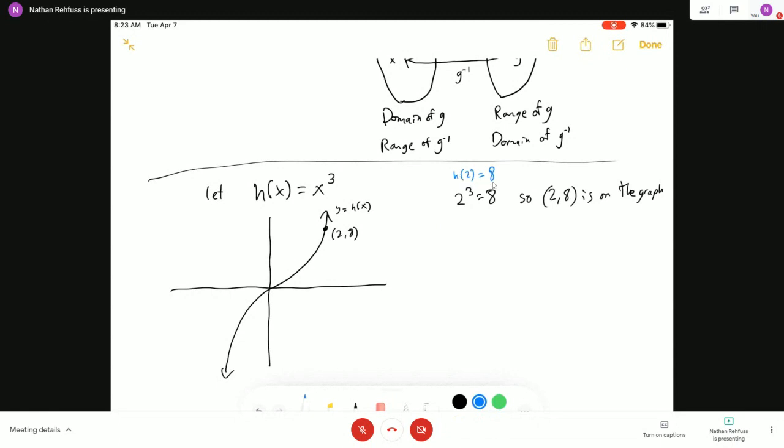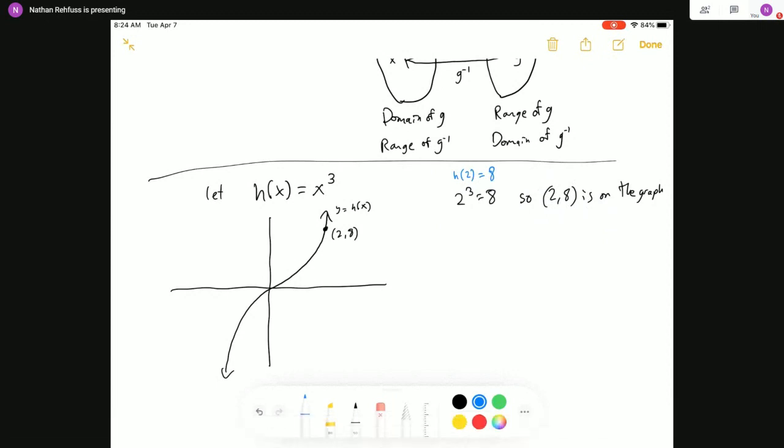These two statements, h of 2 equals 8 and saying 2, 8 is on the graph, mean exactly the same thing. That's the definition of the graph, it's all the points where if you plug the x in, you get the y as the output. So saying that this is a true statement about the function is the same as saying this is a true statement about its graph. So h of 2 is 8.